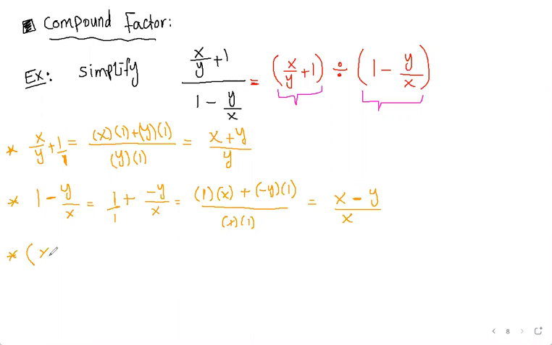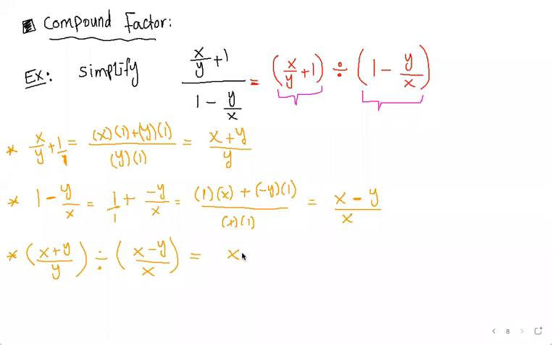So the third step: x plus y over y, divided by x minus y over x. How do you do this one? We change the division to multiplying like before, and we do the reciprocal, or flip this one.